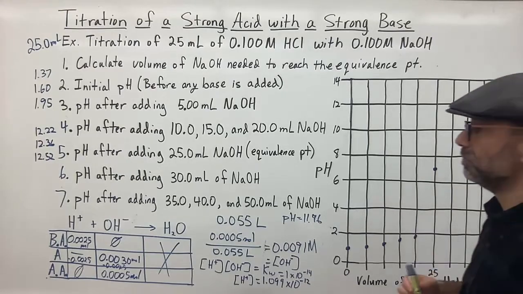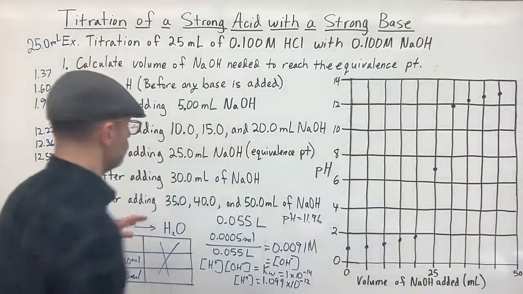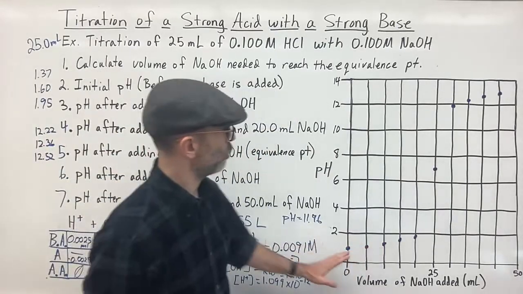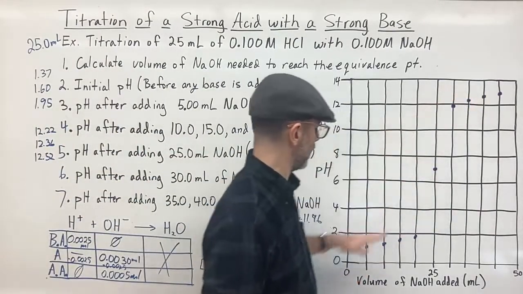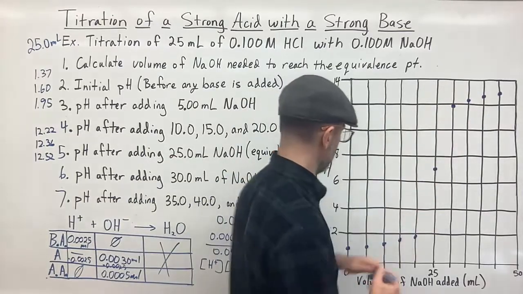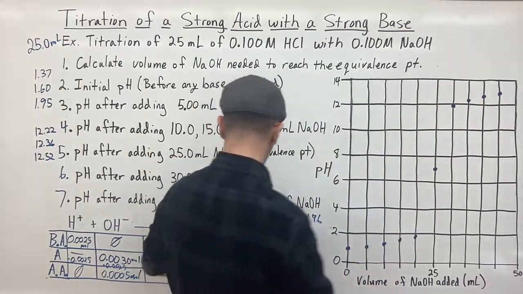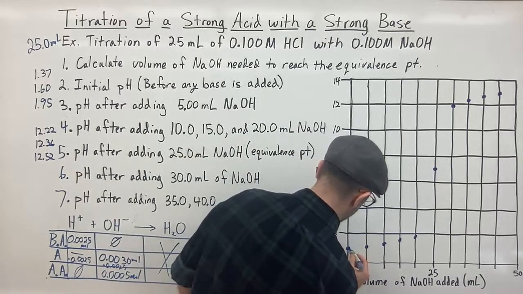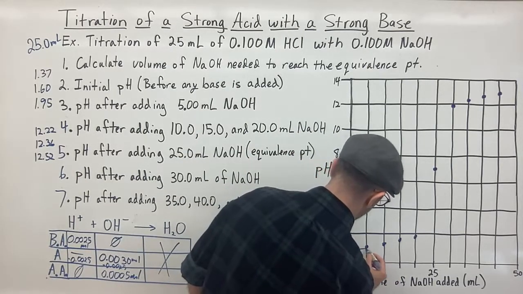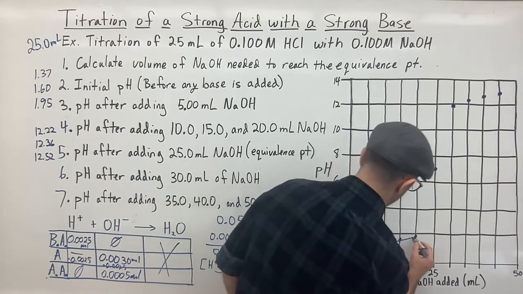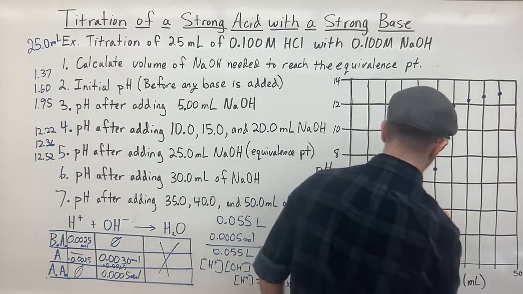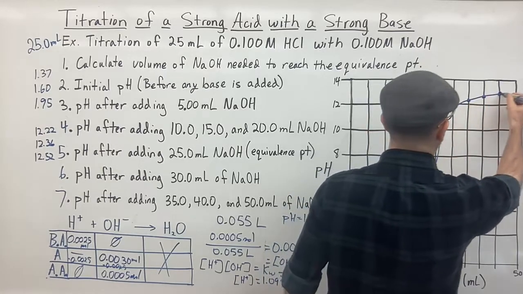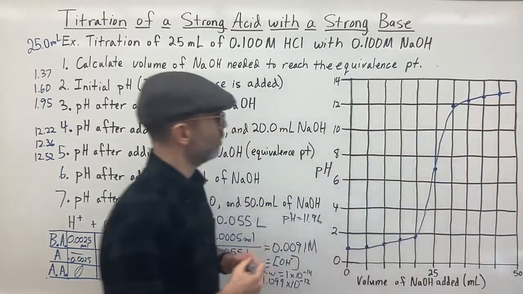And so on. And so you can see here that the graph shows kind of an S graph here. So if we connect the dots here, then you'll see an S-shaped curve, which is typical of your strong acid, strong base problem.